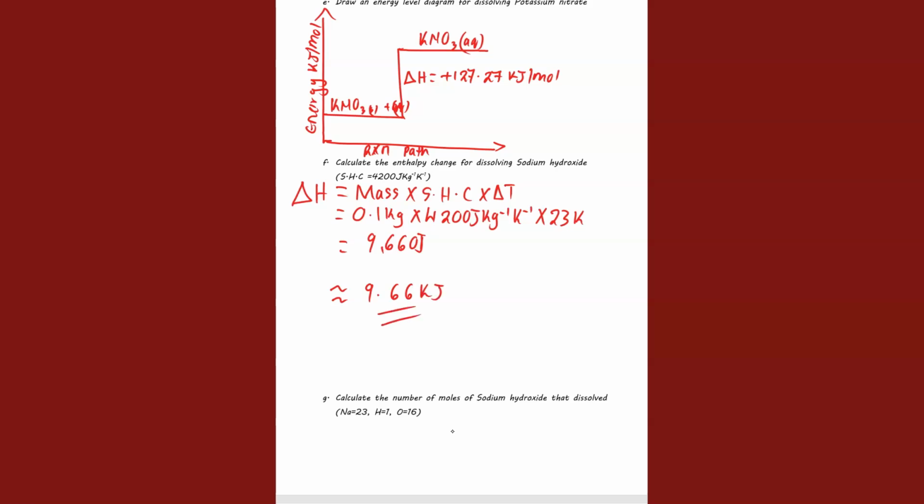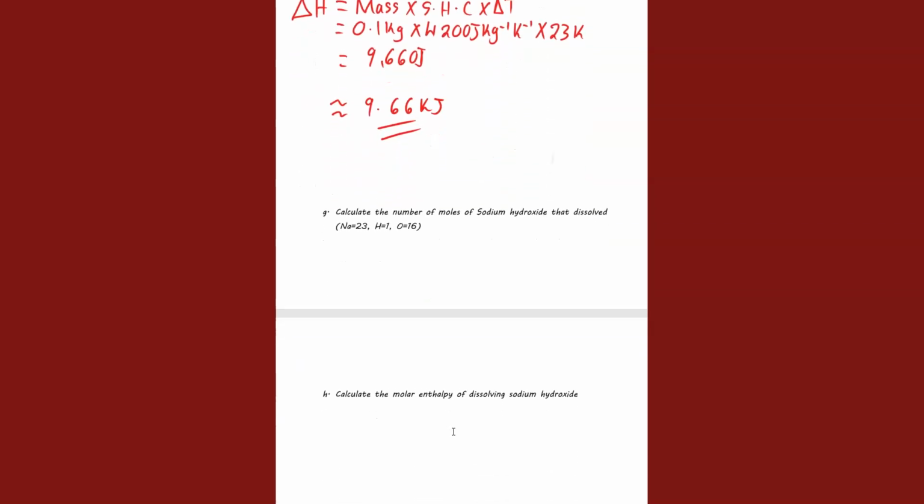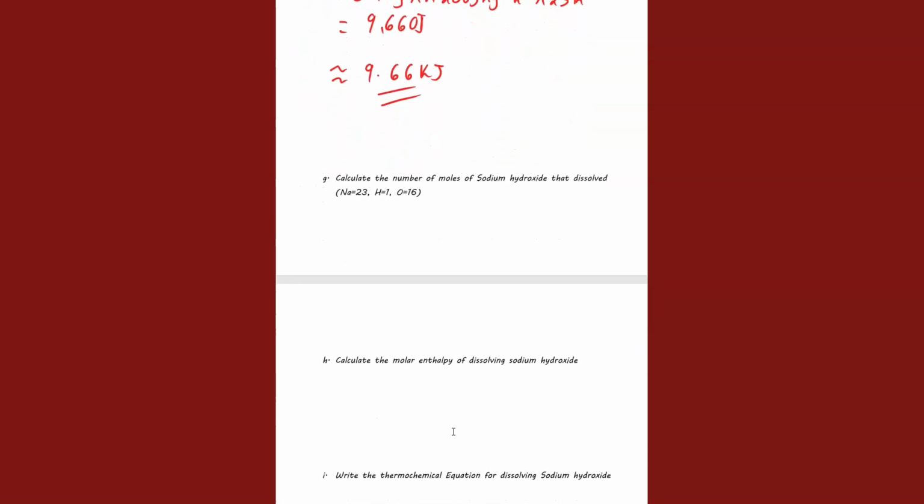That's our answer here. Now next, you are told to calculate the number of moles of sodium hydroxide that dissolved. Again, we say that moles equals mass divided by the relative formula mass.